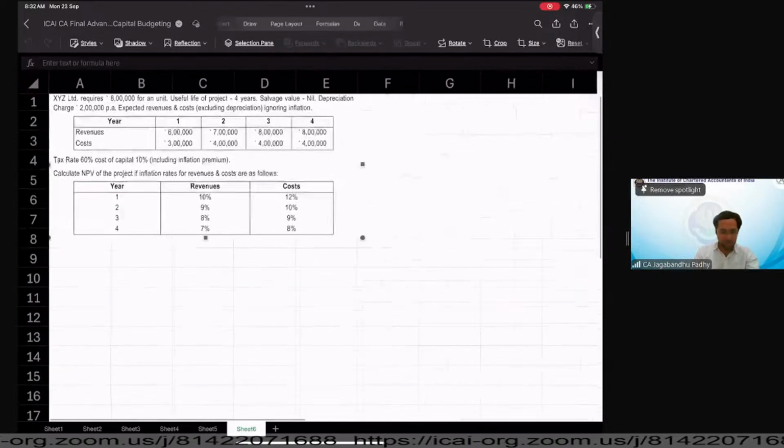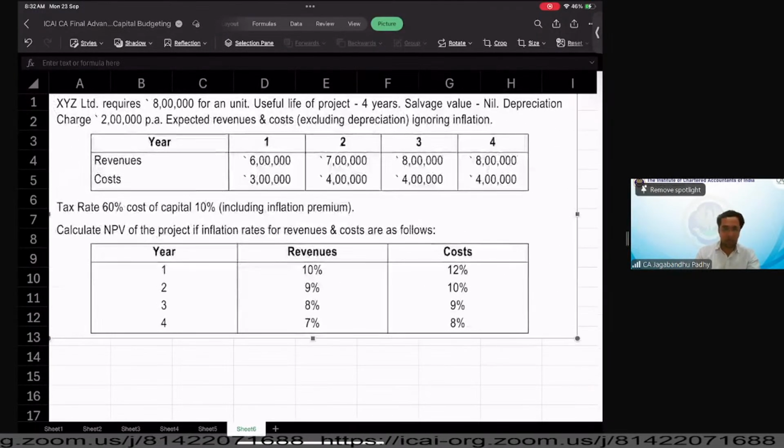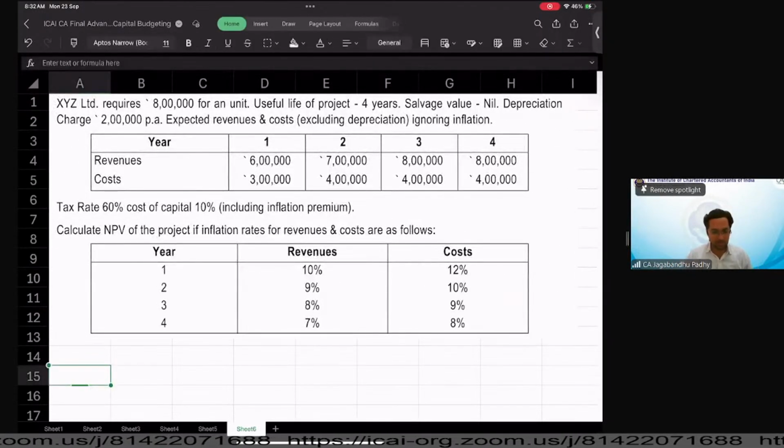XYZ Limited requires 8 lakh for a unit. So we're going to invest 8 lakh rupees. Useful life of the project is 4 years. Salvage value is nil. Depreciation charge is 2 lakh per annum.